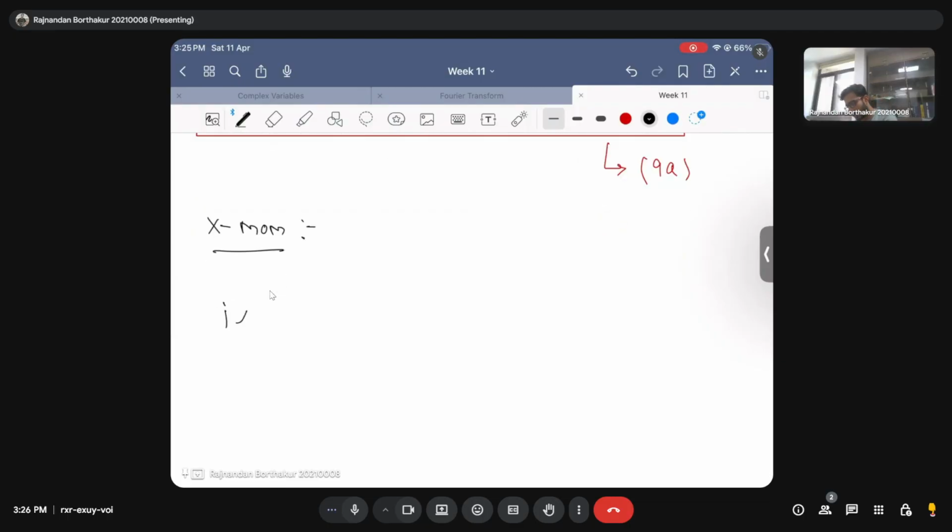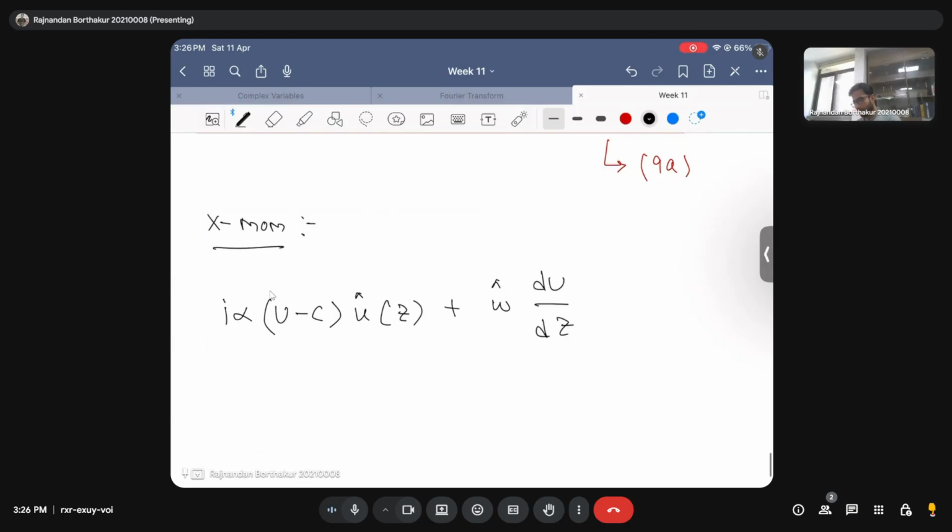You just need to do the substitution as we did for the continuity into the x momentum equation that we just derived. So it basically turns out to be i alpha u minus c u hat of z plus w hat times dU by dz, equal to minus i alpha p hat of z.